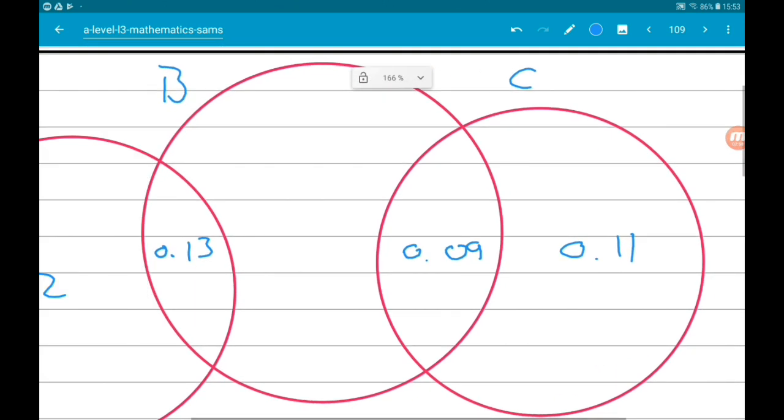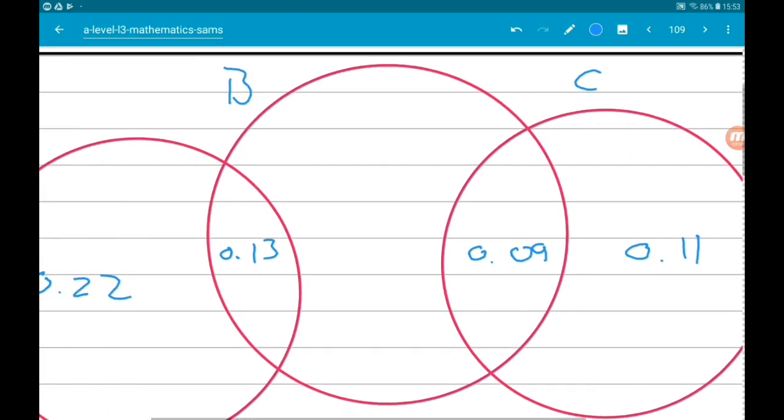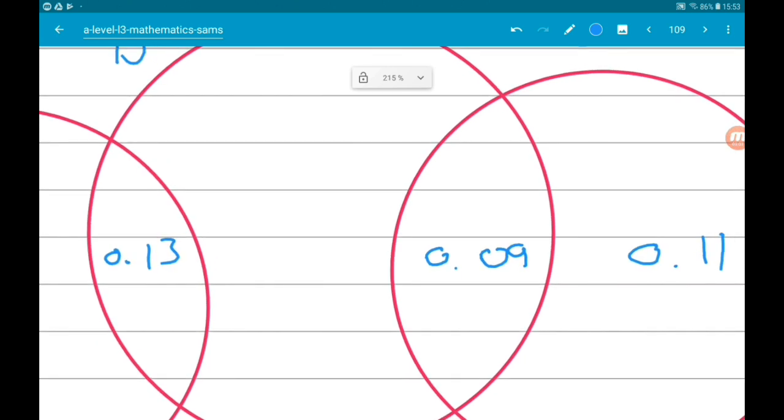Now, for just B, we know the probability of B altogether is 0.45, so we need to subtract 0.09 and 0.13. So that is going to give us 0.23.